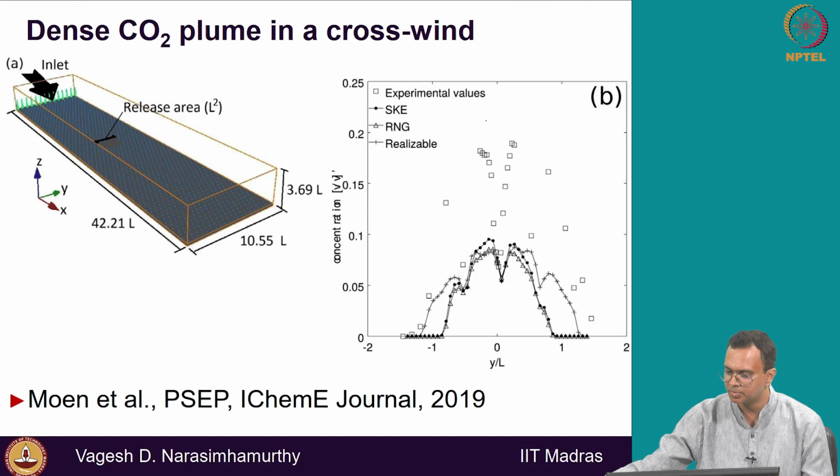You can see the experimental values are these open squares, and these three others are standard k epsilon, SKE, RNG k epsilon, and realizable k epsilon models. We did not implement a realizability constraint on a standard k epsilon; this is actually a realizable k epsilon model. So you see all three are behaving far away from the experimental data.